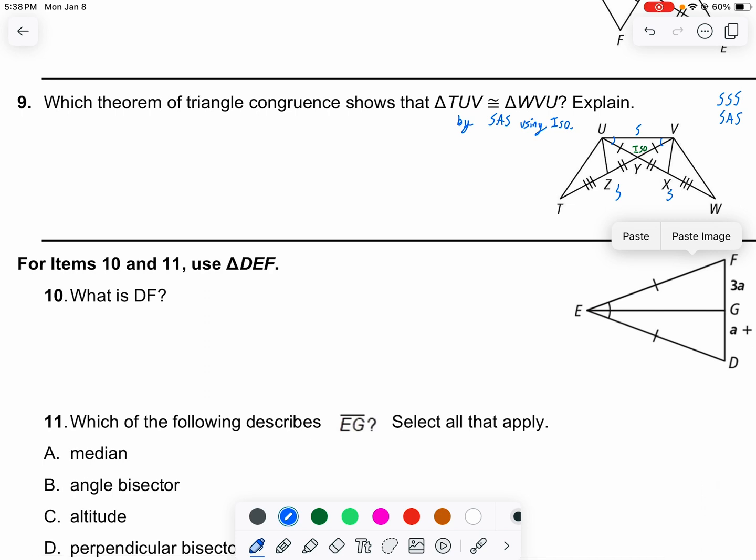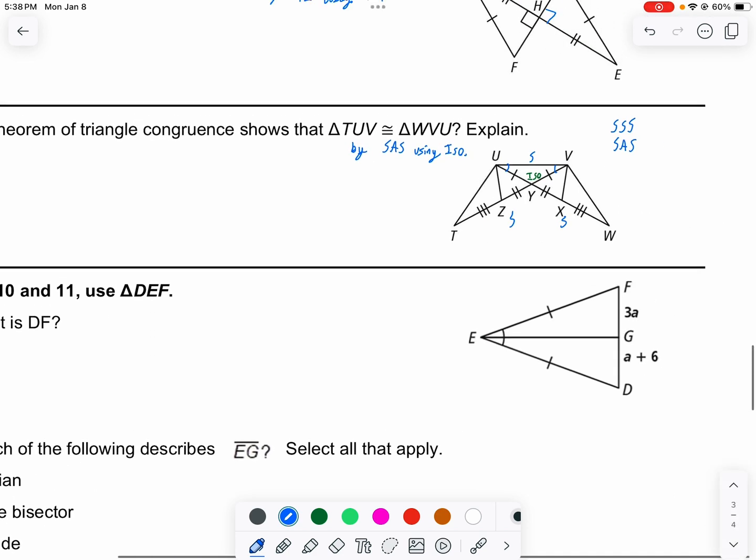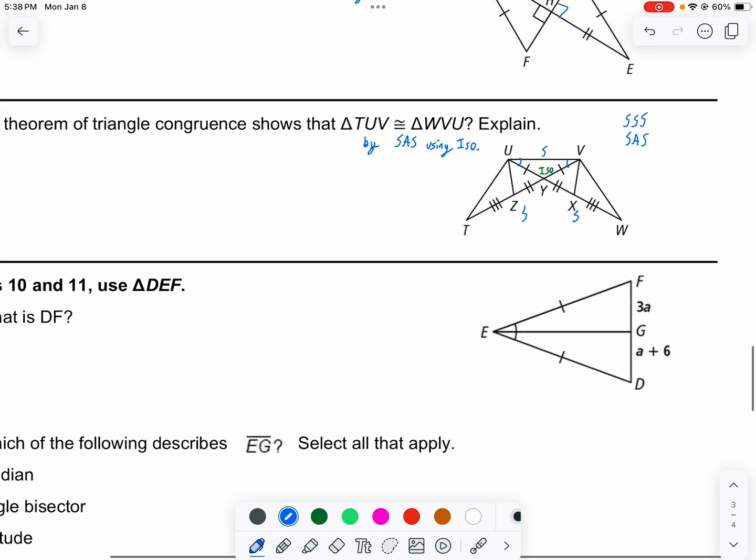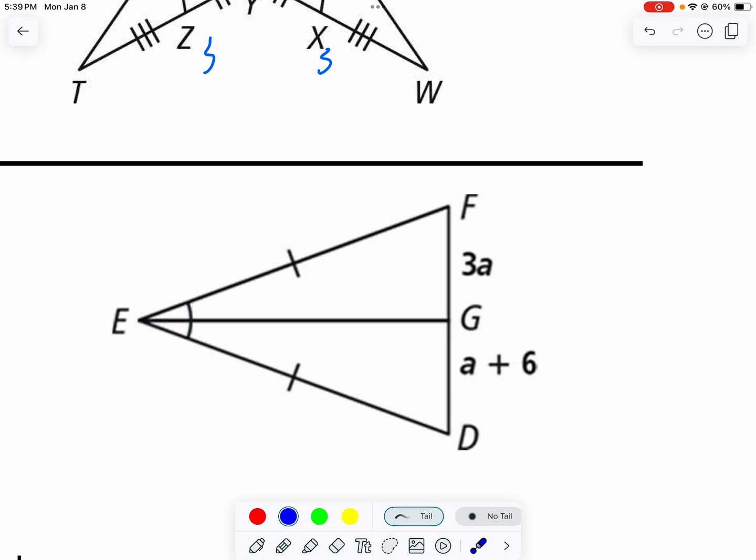All right, for questions 10 and 11, use triangle DEF. What is the length of DF? So let's take a look. DF is right here. Well, we know that this is an angle bisector, and this is an isosceles triangle. So if it's an angle bisector and we've got an isosceles triangle here, we know that this length is congruent to this length, and this angle bisector has a congruent angle there.